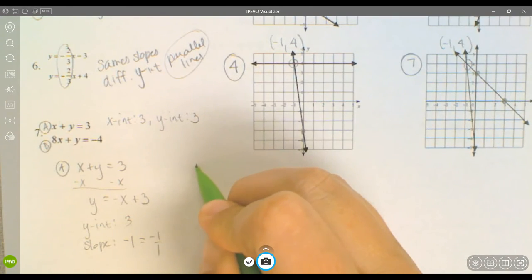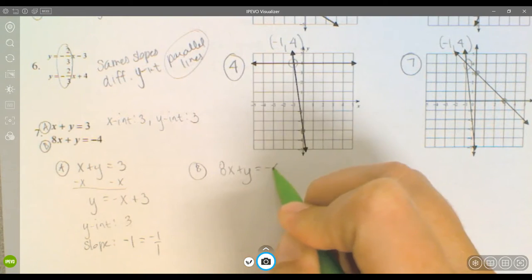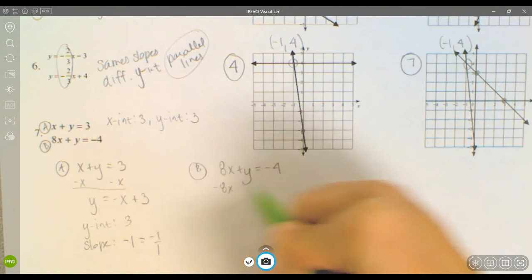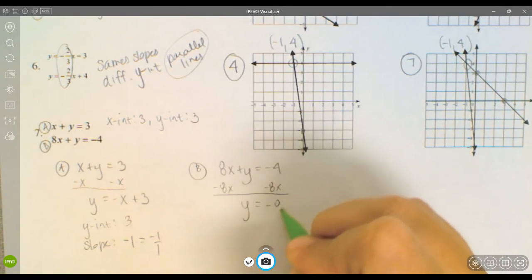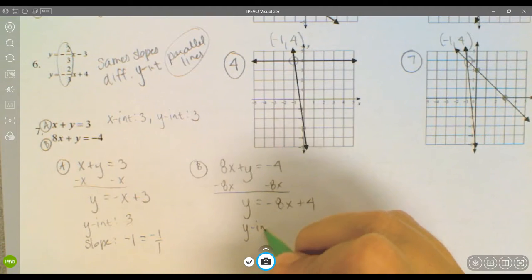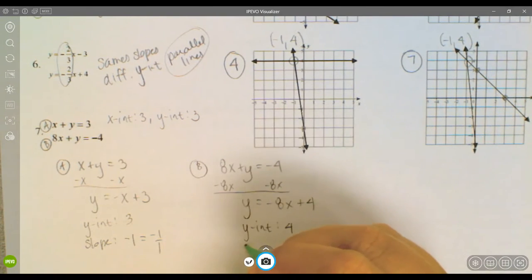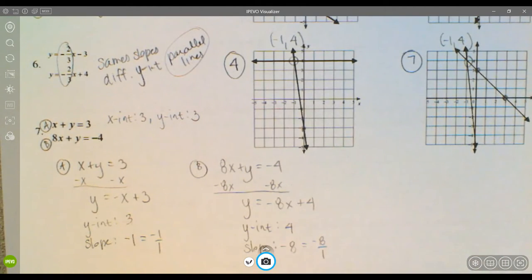Now for equation B, if I have 8x plus y equals -4, I will subtract the 8x from both sides. I find that y equals -8x plus 4. So my y-intercept is 4. My slope is -8, which I will write as -8 divided by 1.